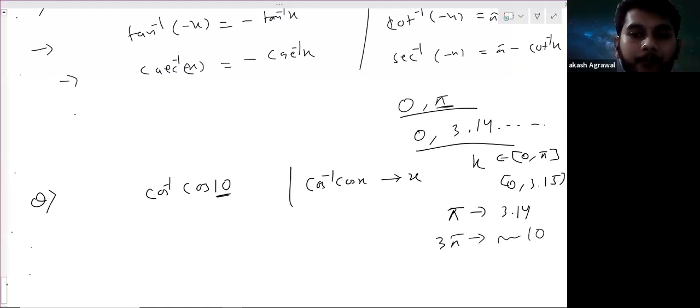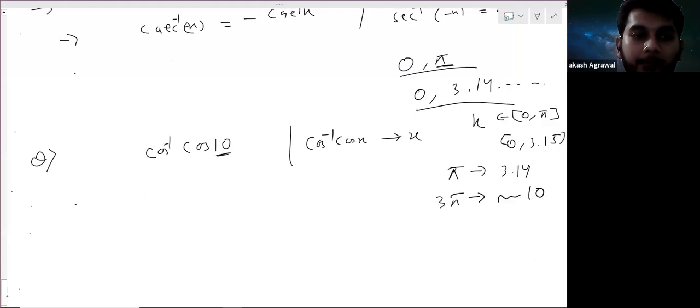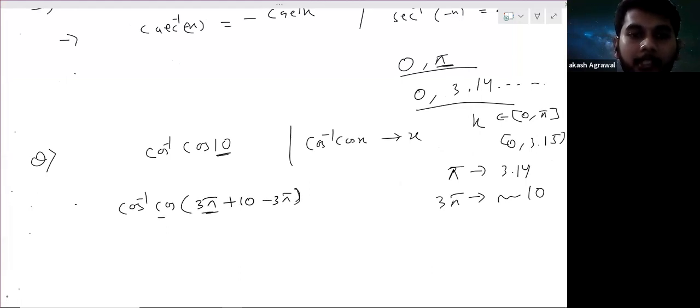So what will we do here? This is cos inverse cos, can I write this as 3 pi plus 10 minus 3 pi? Yes or no? Yes, sir. Remember 3 pi is almost 10 but slightly smaller than 10.